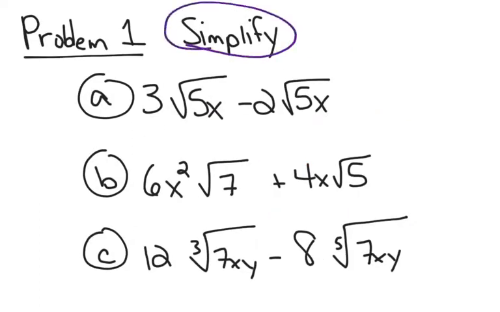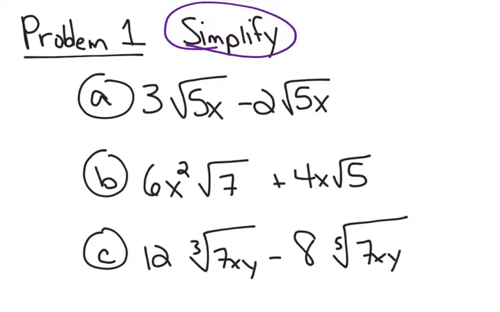I'm going to start by reiterating what the phrase simplify means, because we have 3 words in math that we use a lot. They are simplify, evaluate, and solve. Simplify is something you do to algebraic expressions that have variables in it. When you're done simplifying, the answer still has variables in it.